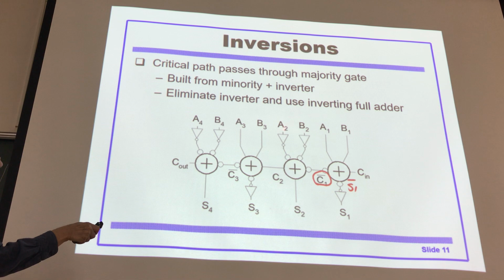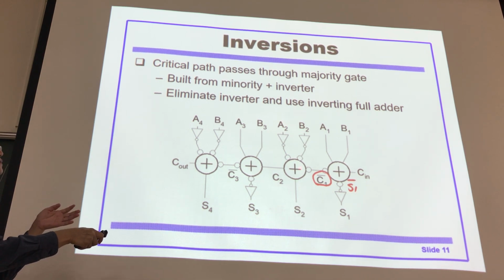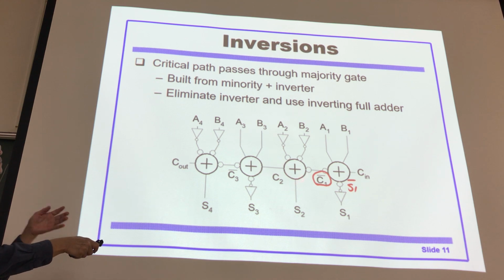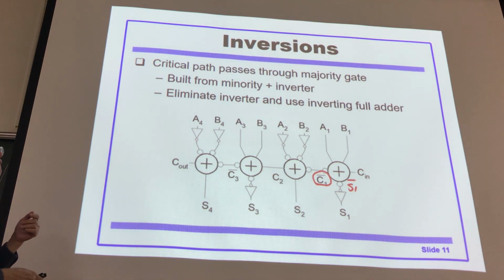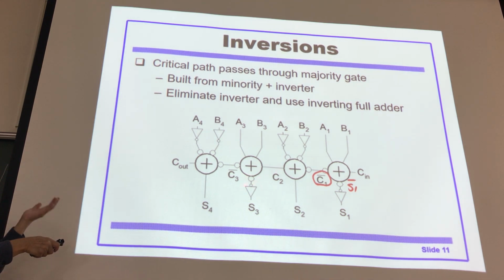But because we are using the inverted version, after that you will get back to the normal S and C. Is that right? And with the normal A, B, C, you get the inverted version, S3 bar and C3 bar. When you take C3 bar and combine it with A4 bar, B4 bar, you get the normal carry and sum.